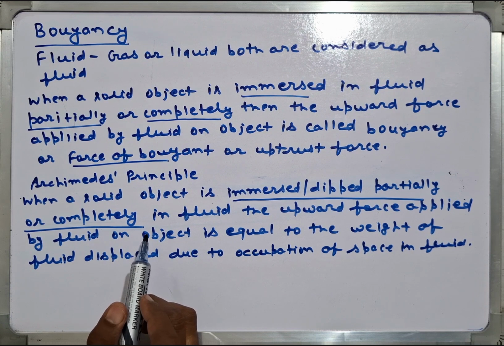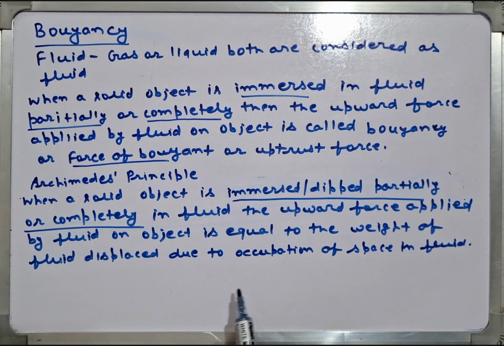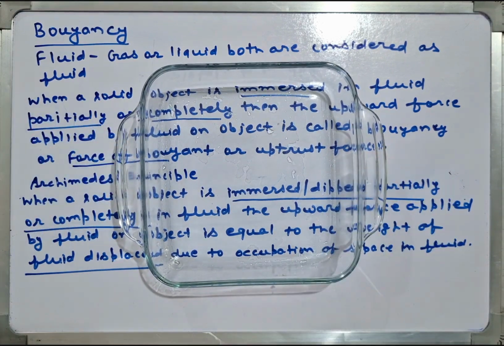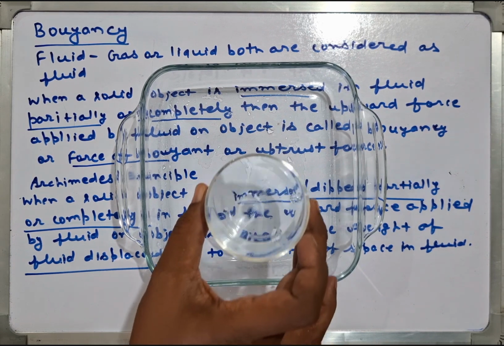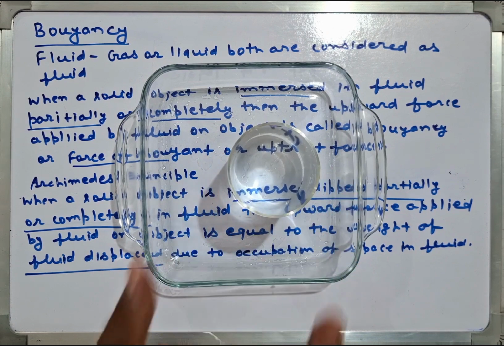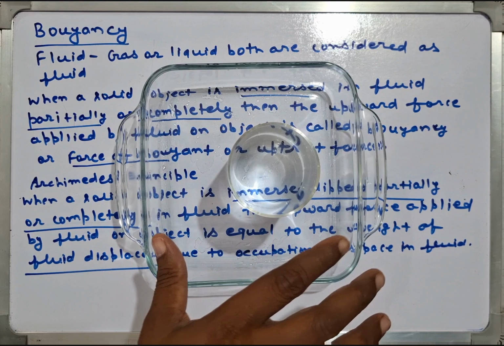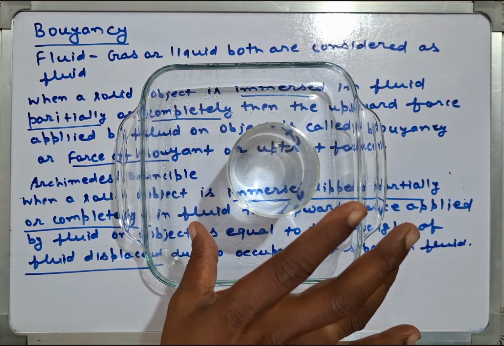Now you understand the meaning of partially or completely immersed, or dipped, in a fluid. Here the words used are fluid displaced. So what does this mean? First of all, see the meaning of fluid displaced by putting a solid into it. This is a beaker with a full water glass, where the water is at the top surface of the glass.